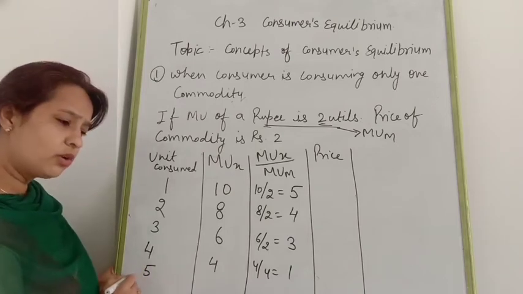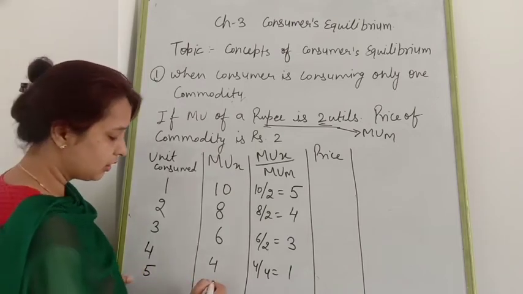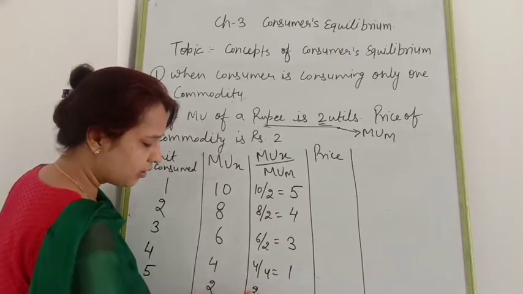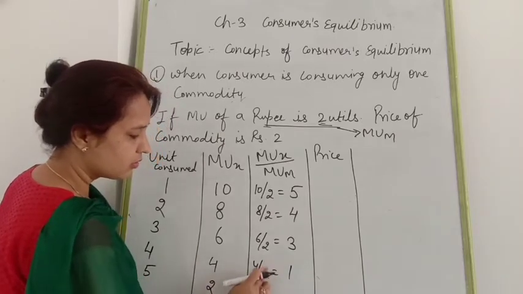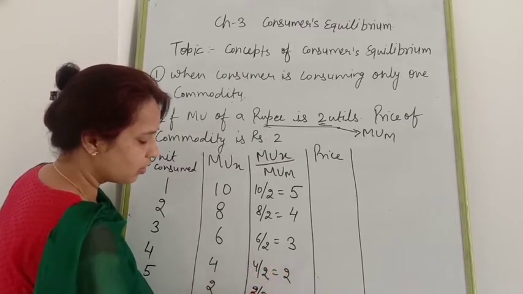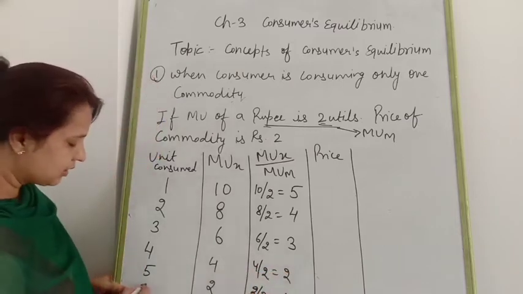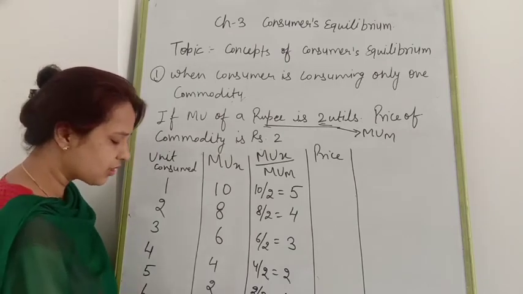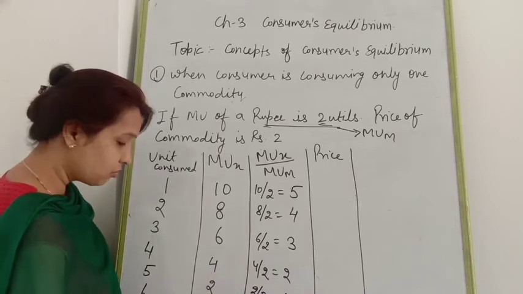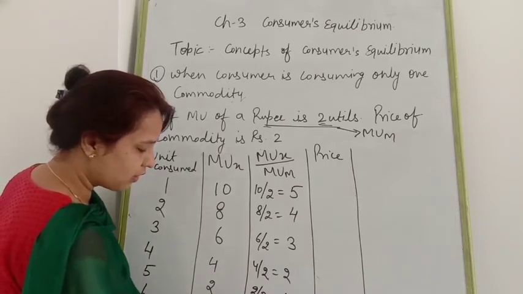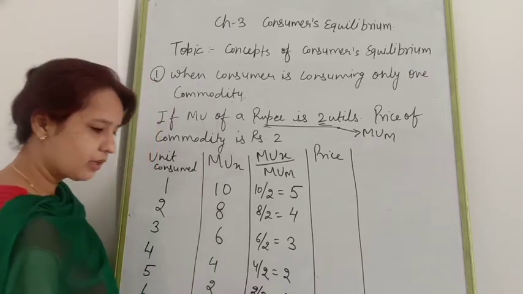If he is going to consume the fifth unit, he is going to get 2 satisfaction. 2 divided by 2 equals 1. Clear? If he is going to consume the sixth unit, definitely he is not going to get satisfaction. Now what will be his satisfaction? 0 divided by 2. Clear?